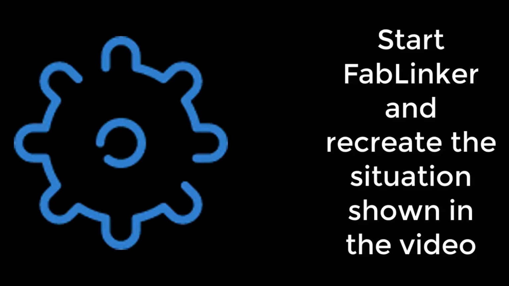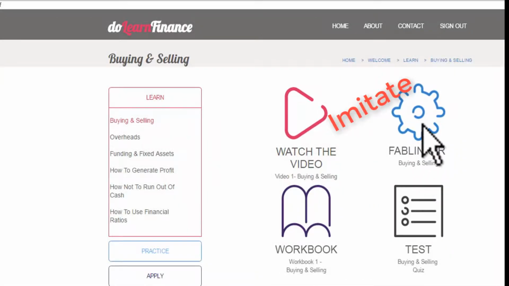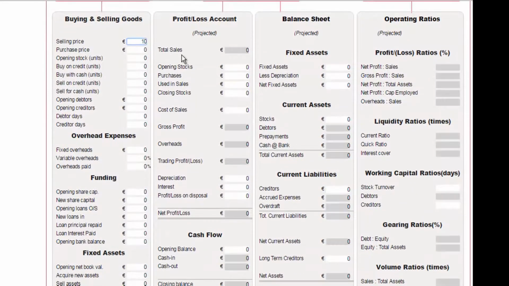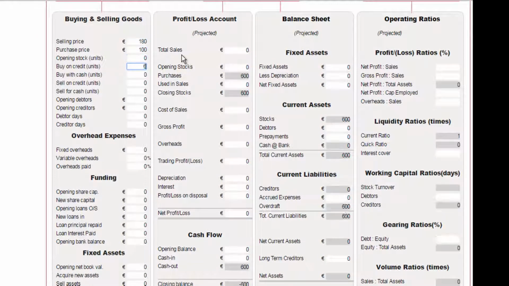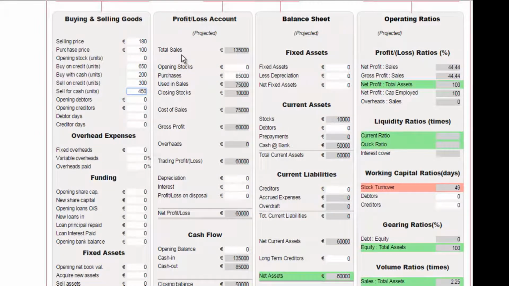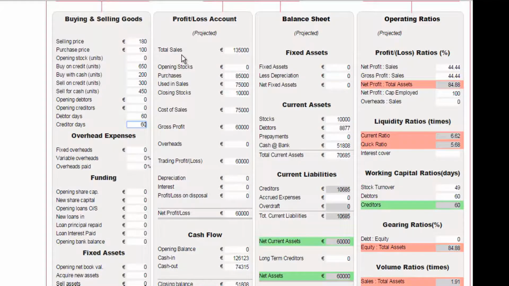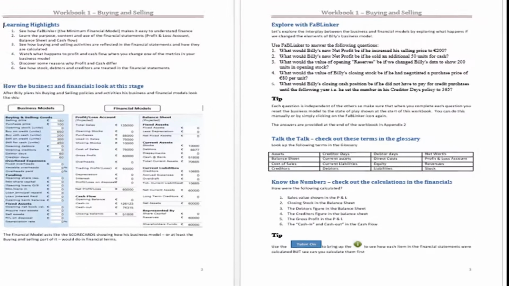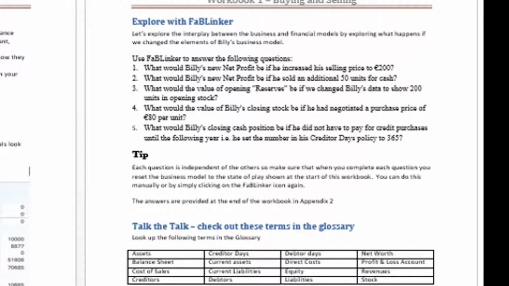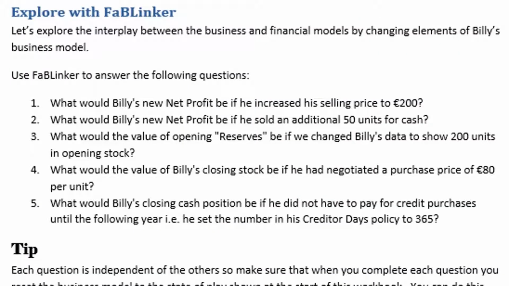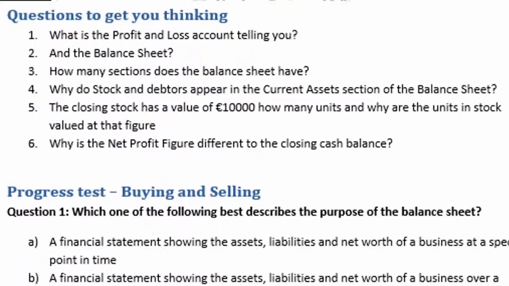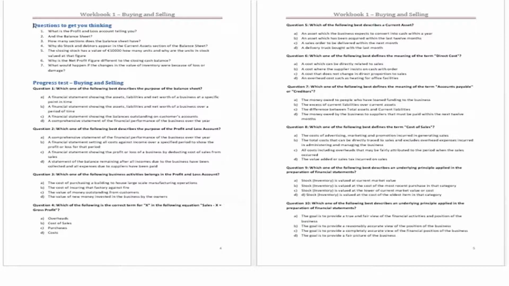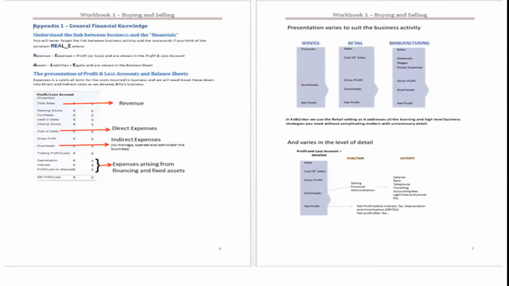Now it's the student's turn to recreate the metrics described in the video using FabLinker. Now the opportunity to use the workbook in conjunction with FabLinker to explore all the issues and concepts around buying and selling in business, to understand the calculations, and to learn the terms.